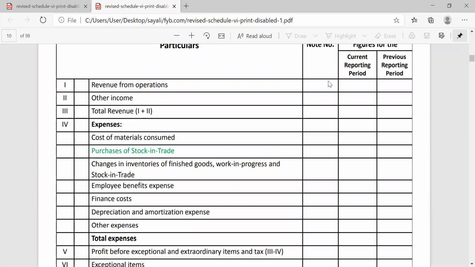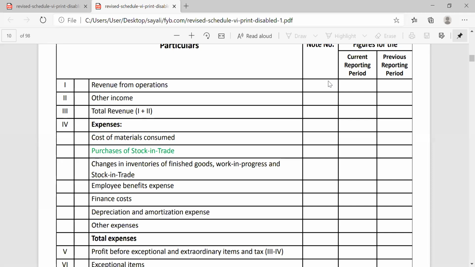Students of costing are aware of these inventory types: finished goods, work in process, and stock in trade. Then all employee benefit expenses, like wages paid, salary paid, any remuneration paid to board of directors or any director, are recorded under the head of employee benefit expenses.